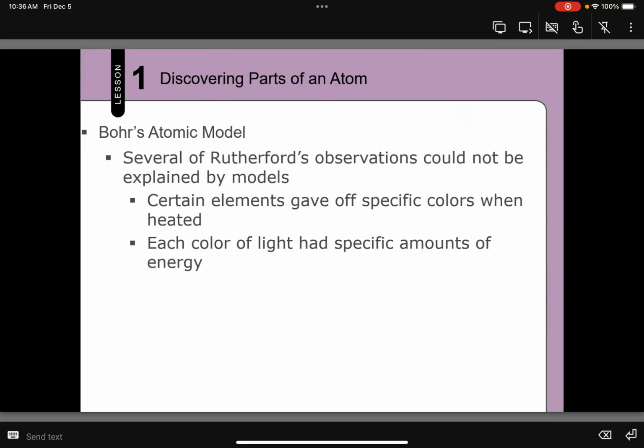So anytime we have a chemical formula, some type of molecule or compound, and we break the bonds of that molecule or compound, it releases energy. And that energy can be released in a lot of different ways. In the case of the fireworks, it's releasing it as heat as well as light.